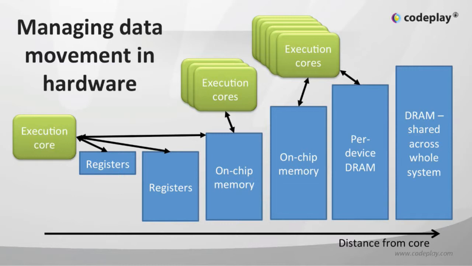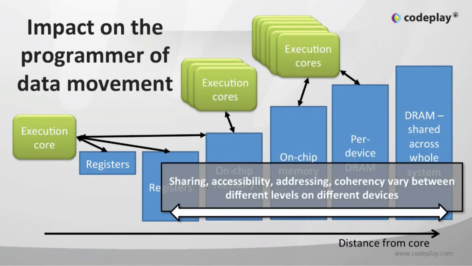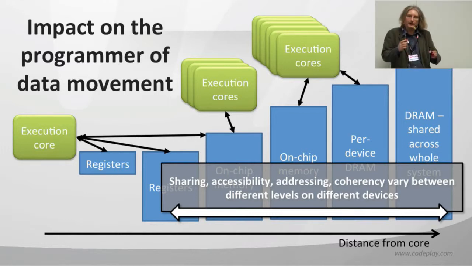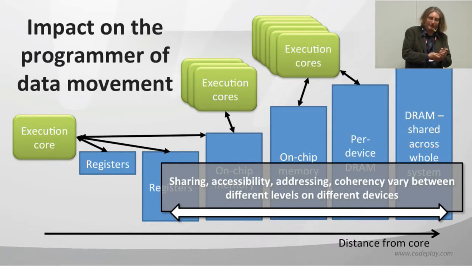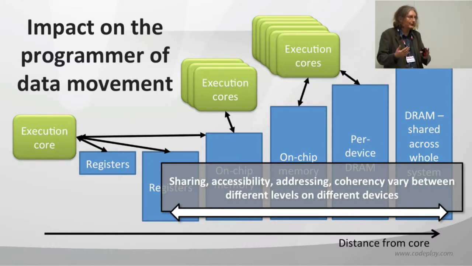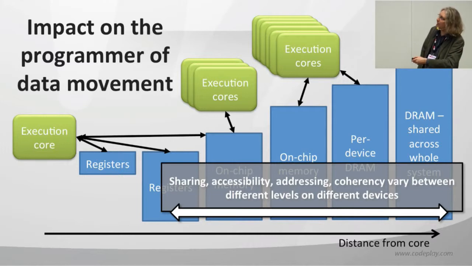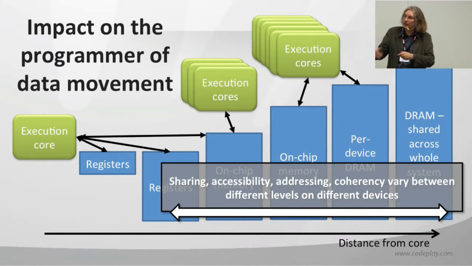So there's a massive difference in distance from the processing core. And at each level, you may well have different rules about what sharing is allowed, how you address them, pointer values to all of these memories may be different, pointer types may or may not be different. The coherency may vary between all of these processor cores. So there's really quite a lot here that we want to abstract away, especially as this graph is going to be different for different devices.